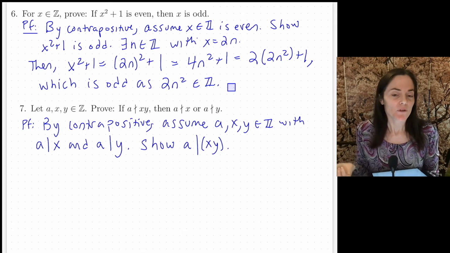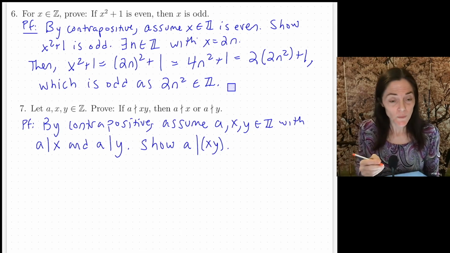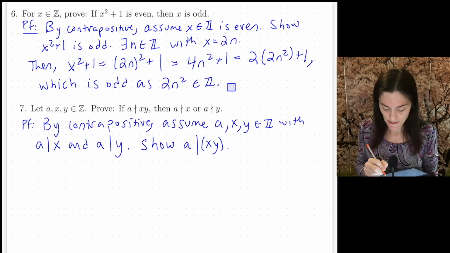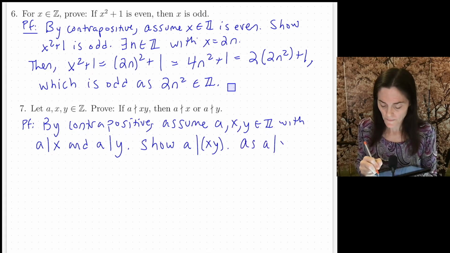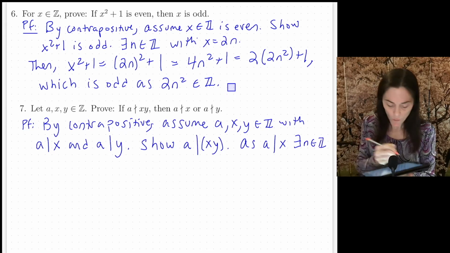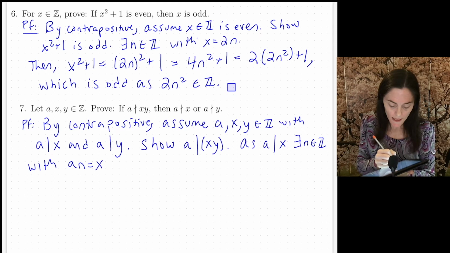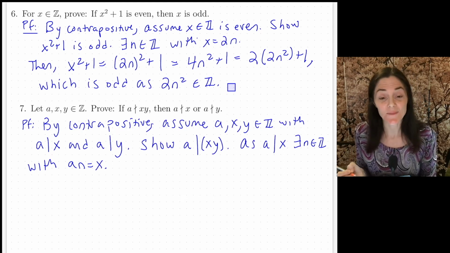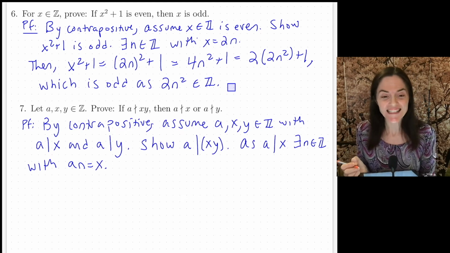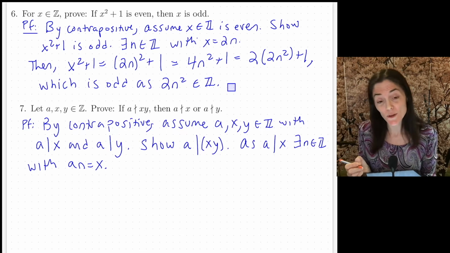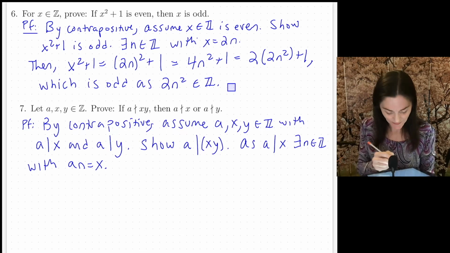Well, really, I only have to use one of these. I will use that a divides x. There exists an integer n with an equals x. Okay, I want a divides the product x times y. So let's just multiply both sides by y.